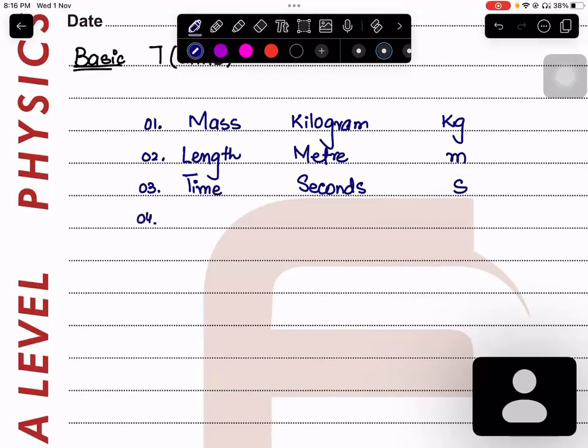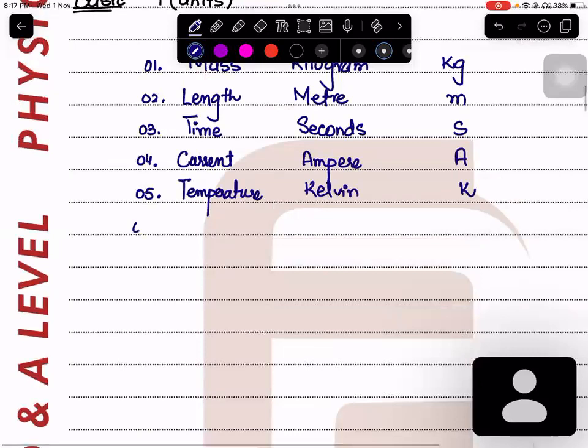Number four, current, ampere, capital A. Number five, temperature, Kelvin, capital K. Number six, amount of substance. Girls, is this clear? Yes.